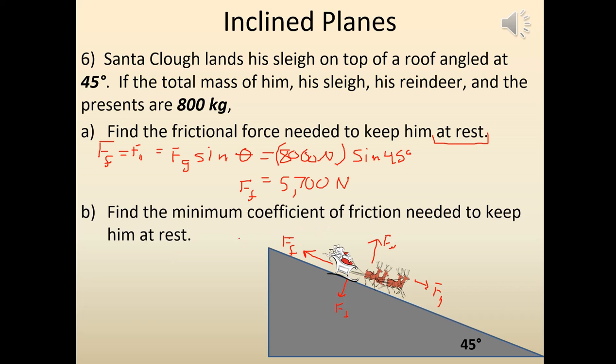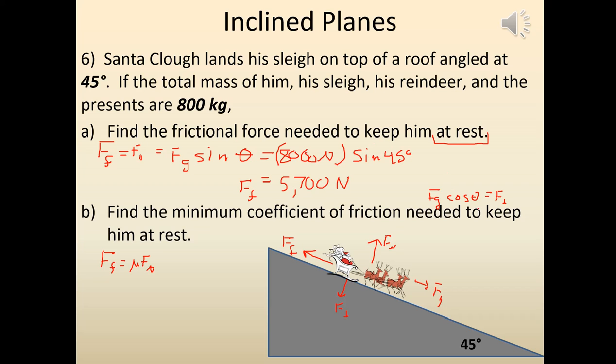Here they want to know the coefficient of friction, so that means I'm using Ff equals mu Fn. I already have what Ff is, so I actually need to figure out what Fn is. Again, Fn is going up. It's being balanced by the perpendicular. Now the perpendicular is going to be Fg cosine theta, but one thing to note is the Fg is the same as here. It's going to be 8,000.